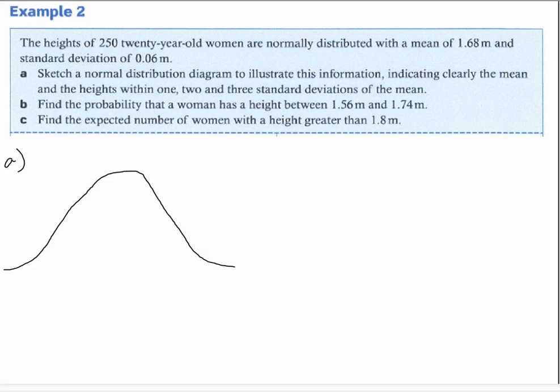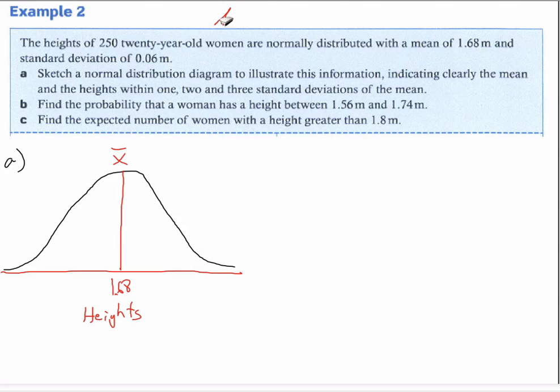Now, in the middle, right here, is the mean, which is 1.68 meters. These are heights. Okay, so 1.68.